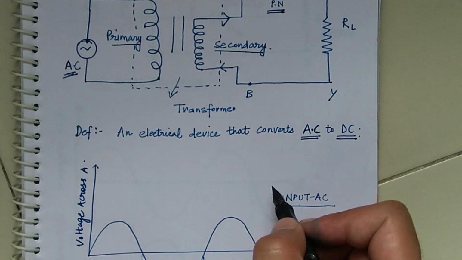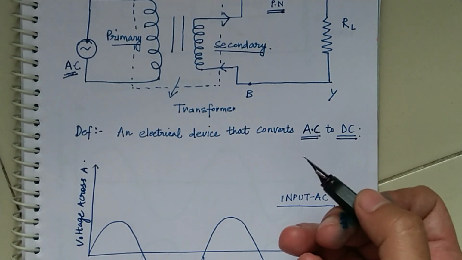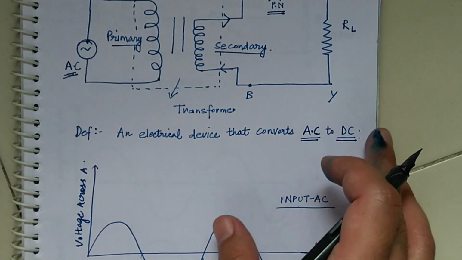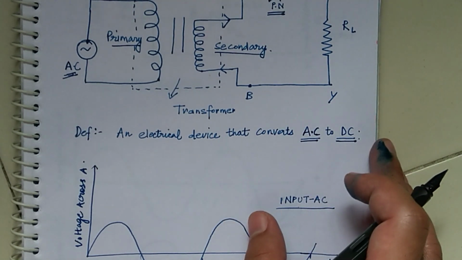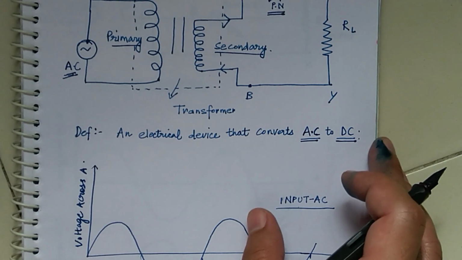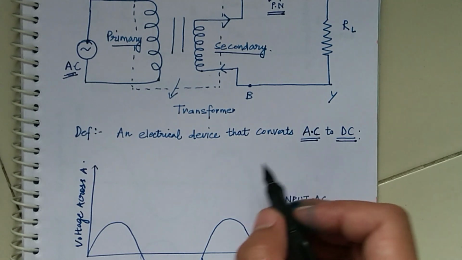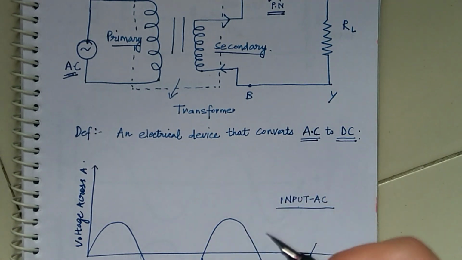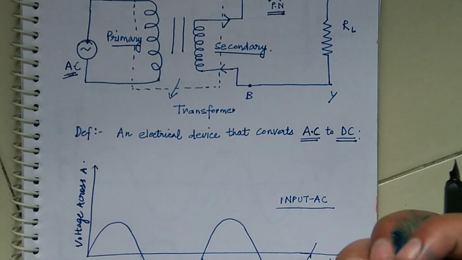So why is this required? Whenever we charge our cell phones today, we use alternating current, right? And that alternating current is transformed into DC because our cell phones are compatible with DC only. Similarly, a lot of equipment works on direct current.